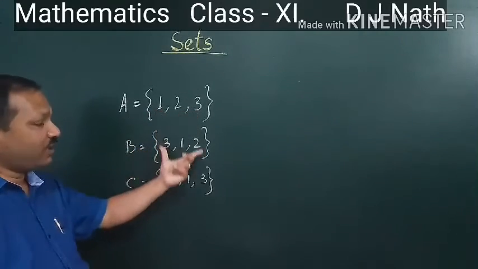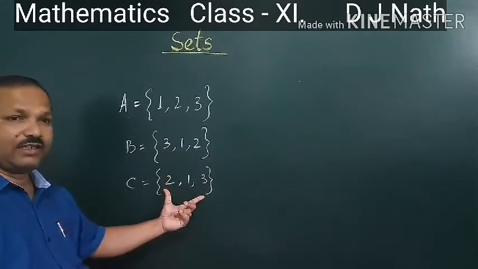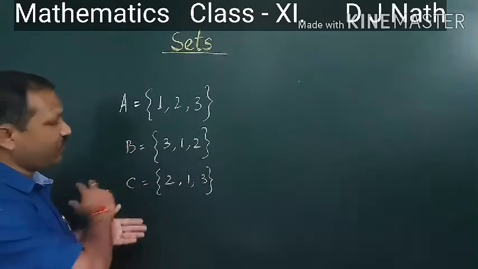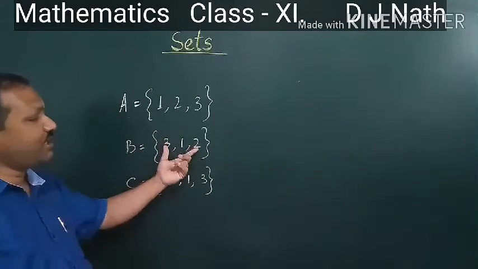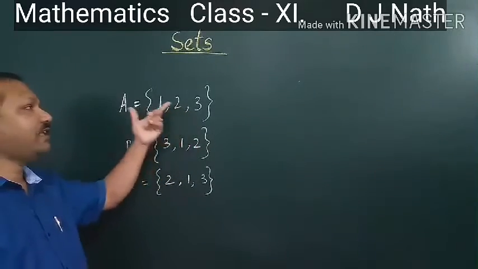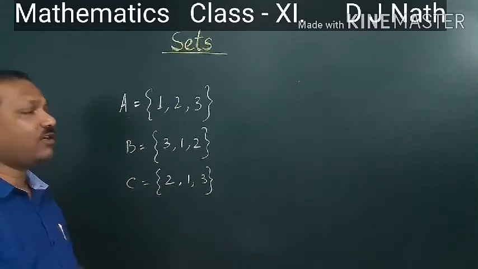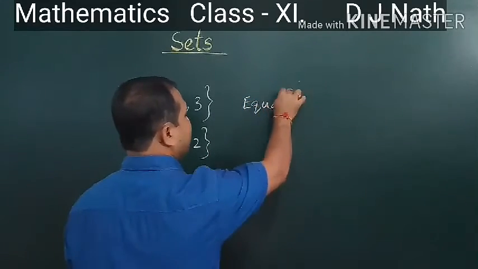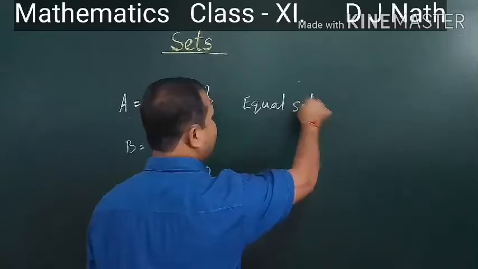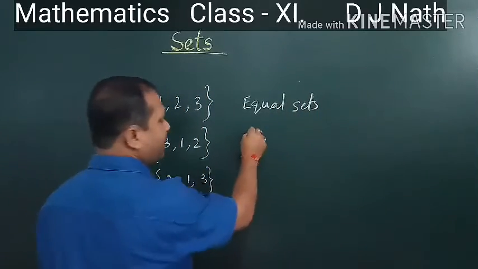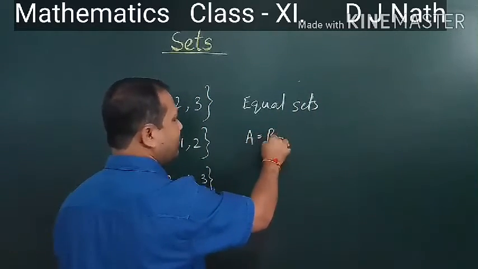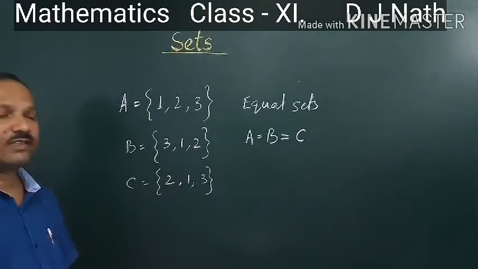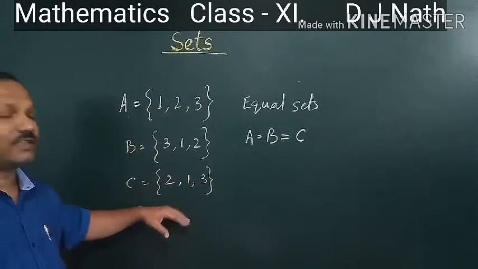Whichever way you are representing it, front or back, if elements are same, then these sets are called equal sets. Okay? Here A is equal to B is equal to C. So here we cannot say there are three different sets. They are the same set.